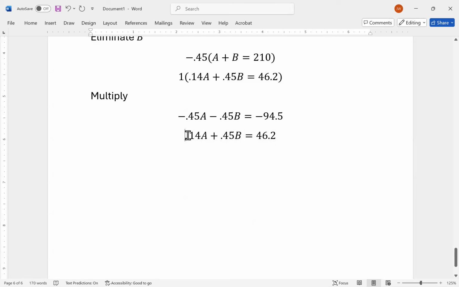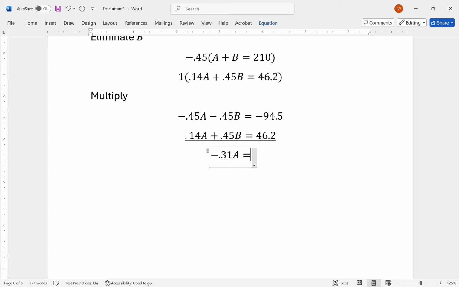Add these two together. When I take negative 0.45 and add 0.14, I get a negative 0.31. So negative 0.31a. Negative 0.45b plus positive 0.45b gives me 0.